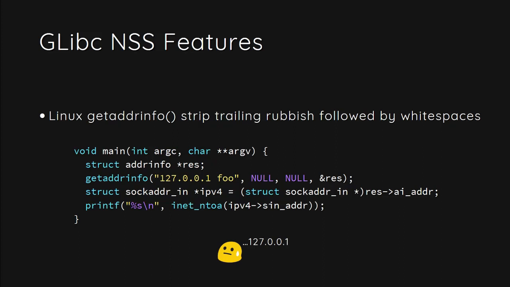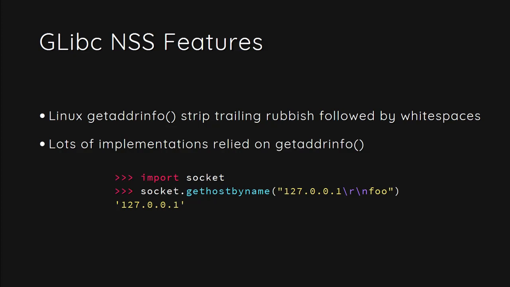The next feature is about Linux getaddrinfo. getaddrinfo will strip trailing rubbish following a valid IP format and whitespace. You can see the C program. The domain "127.0.0.1 FOO" is valid and returns 127.0.0.1. getaddrinfo is a very fundamental function in Linux.